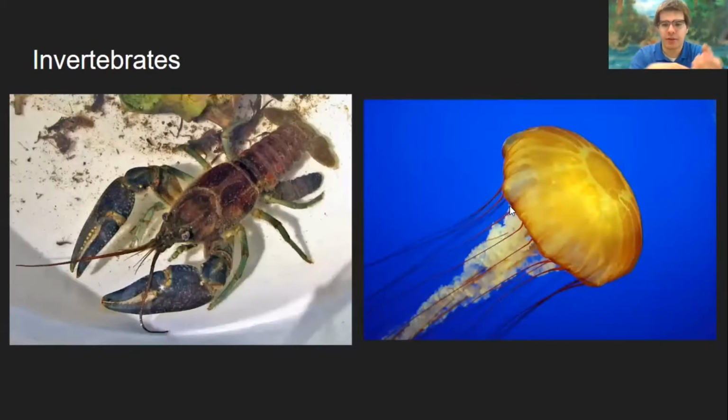So let's get a little bit larger now. Let's talk about invertebrates. Invertebrates don't have a backbone, so it's any creature that does not have a backbone. So the two examples that I have on this page are crayfish. If you've ever seen crayfish swim, it's kind of fun. They will flick their tail there, and whenever they flick it, they'll push that water forwards, and so they'll actually go backwards.